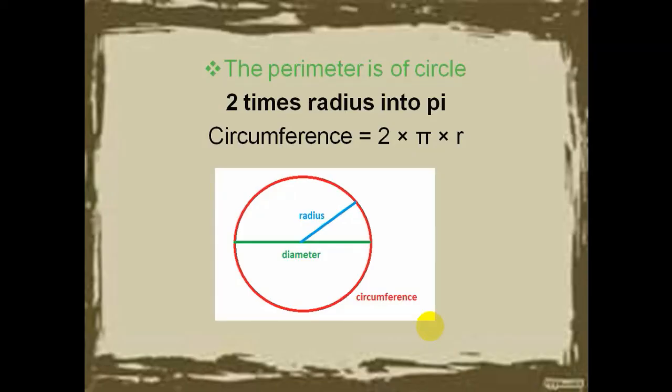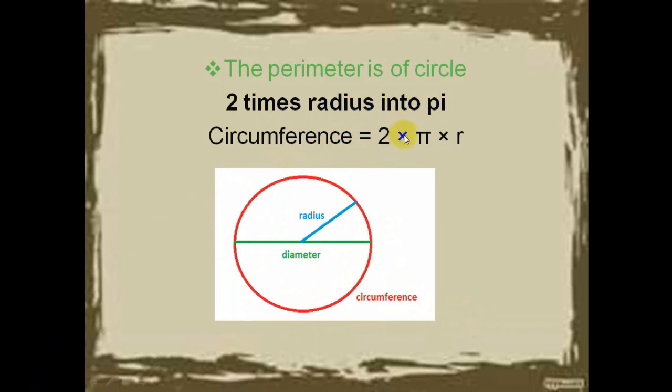You see over here, this is a circle. Here, this color represents the radius, this color represents the diameter, and this red color overall represents the circumference of the circle. So the perimeter of the circle is called the circumference of the circle: 2 times radius into pi.